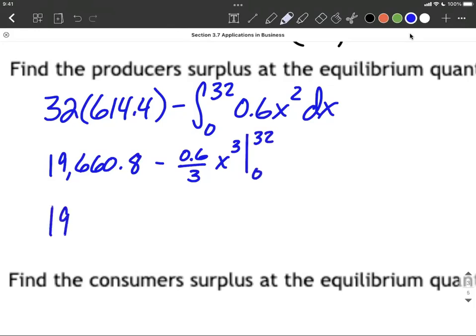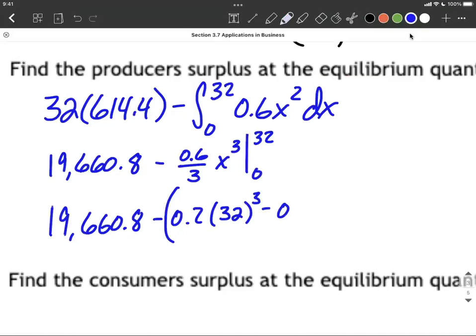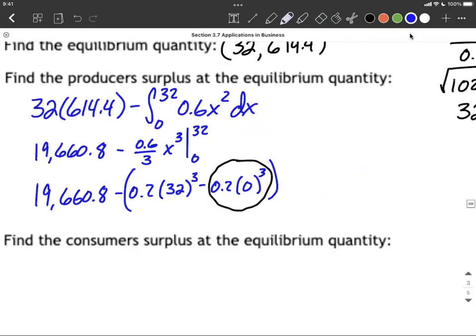So 19,660.8 minus 0.2, and then I'm going to put a big set of parentheses as we evaluate this. 32 gets filled in for the x cubed, minus 0.2, and then we fill in the lower bound, the 0, and cube it. Now as we have that 0 filled in, all of this becomes 0, which actually makes our computation a little bit easier.